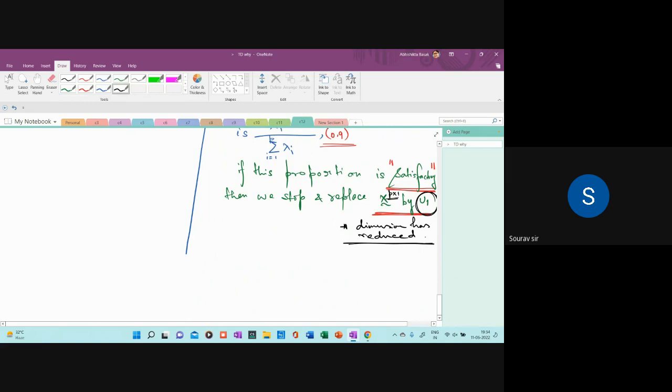But now if this proportion is not at all satisfactory, then what can we do? Otherwise we will go for the second component. So let me write it over here.